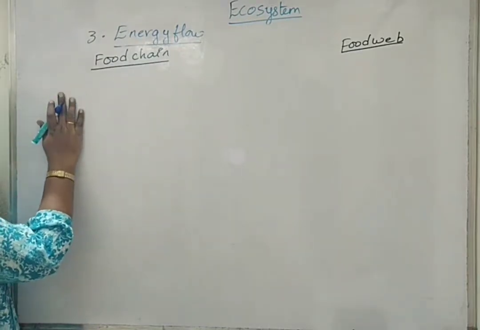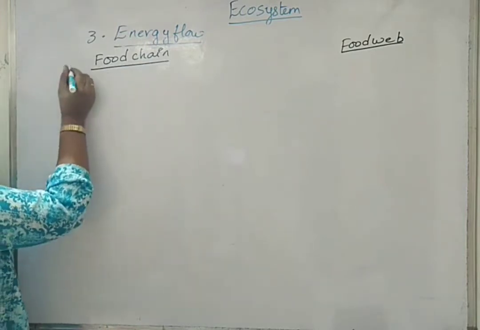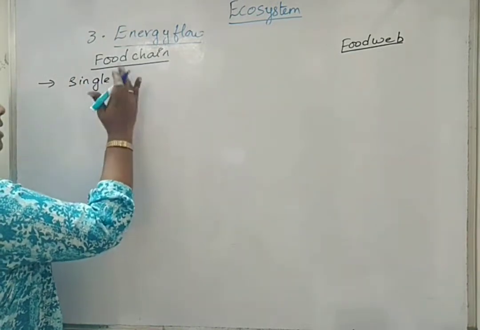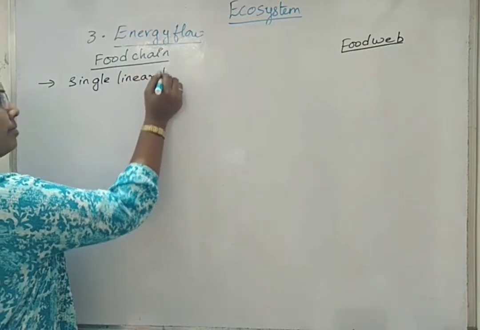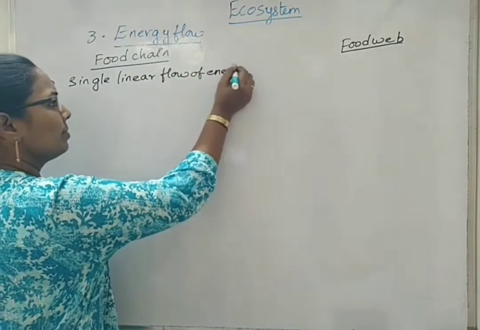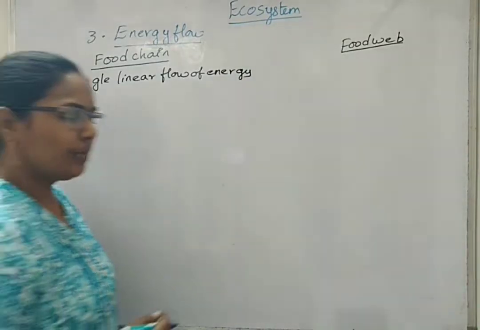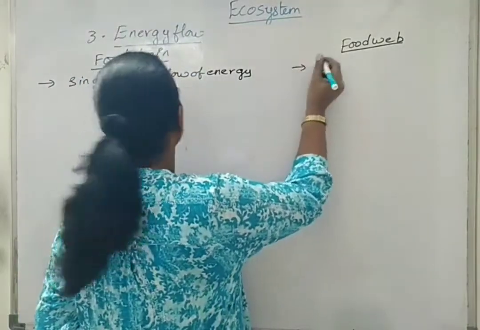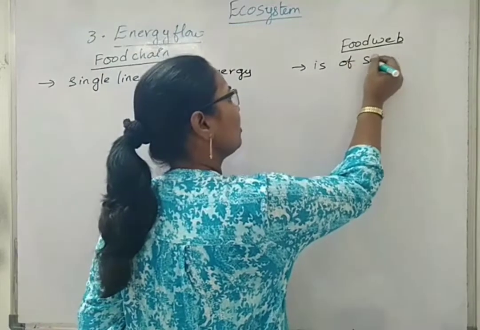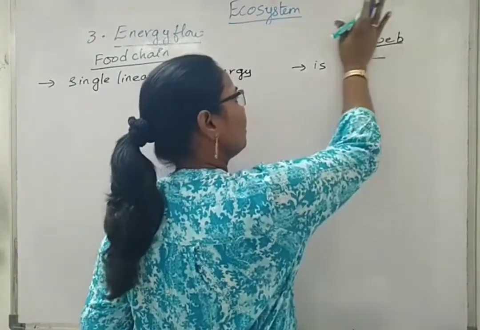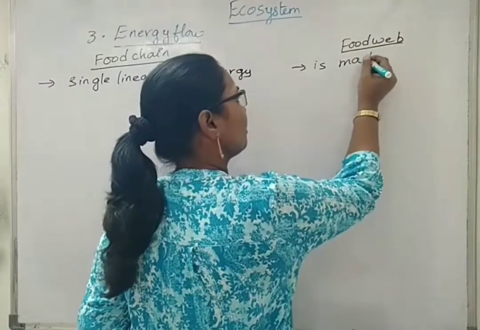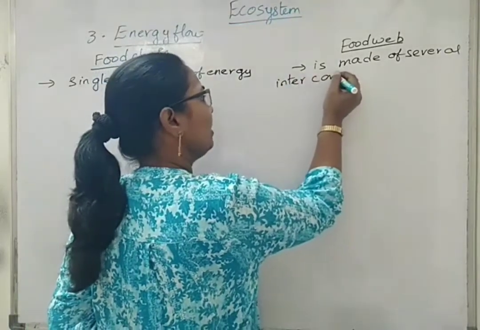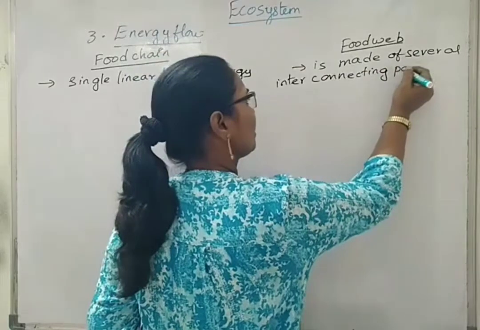If we see some of the differences between food chain and food web: a food chain is considered a single linear flow of energy. But a food web is made up of several interconnecting pathways.